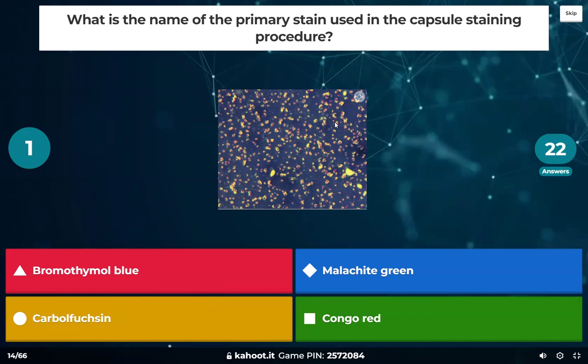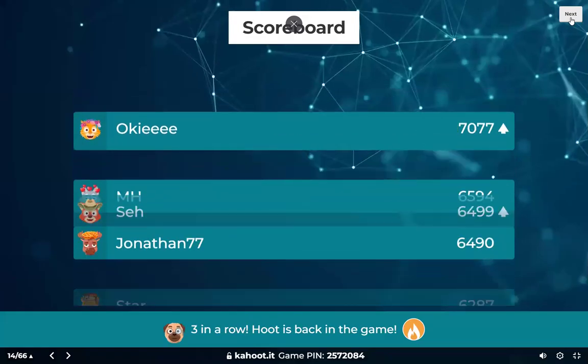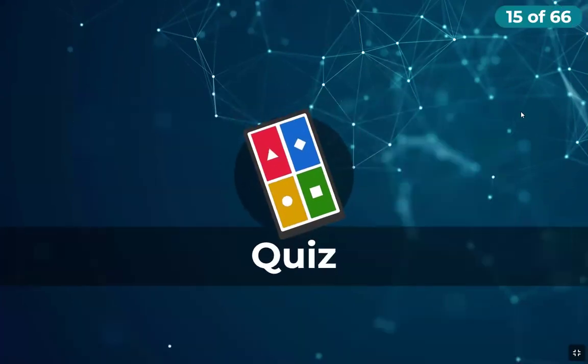If you don't have a capsule, there will be no white at all. So the name of the primary stain, that very first stain we use, is Congo red. You put it in with that Congo red and we smeared it out, let it dry. And then what did we put on it after that? Do you guys remember what that was? Maneval's. You turn it that purple color.